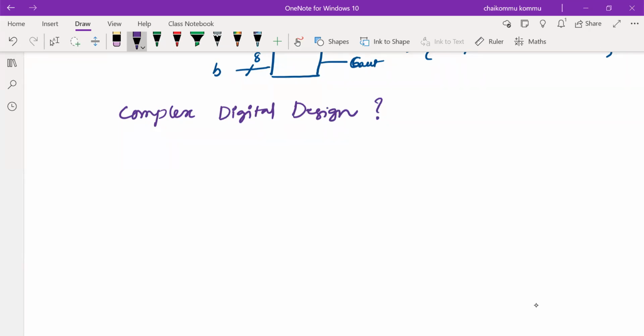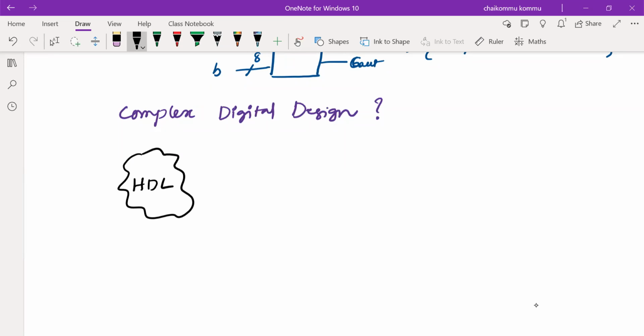For a complex digital circuit, what will happen? For complex digital circuits, we have to use HDL programming, HDLs. A programming language that we have to use to describe the functionality of the design.